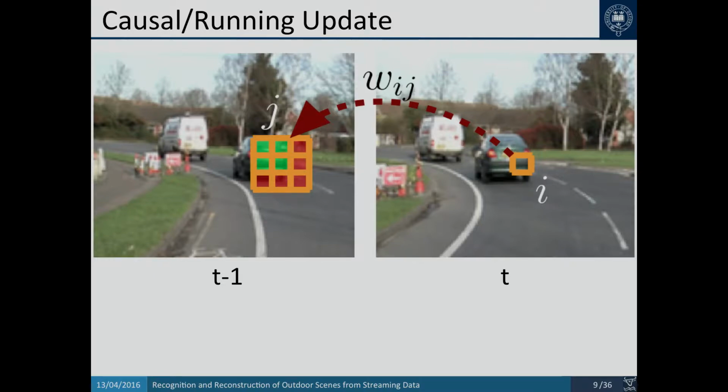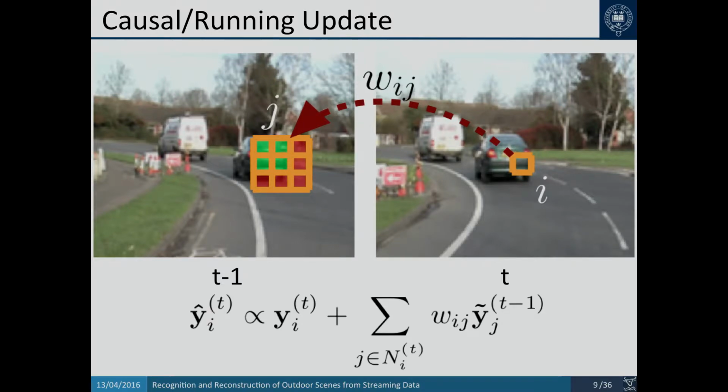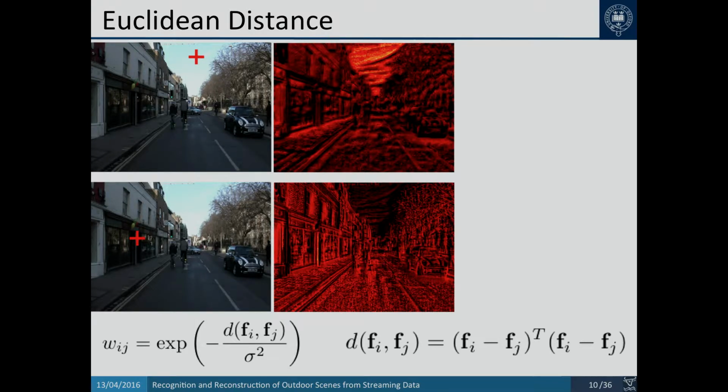So we need to somehow weight them, otherwise we would oversmooth. The most natural thing might be to take simple pixel similarity, but if you use Euclidean distance, you quickly find out that it doesn't discriminate enough. So we took these reference points, and this visualizes the difference in the feature space. As you can see, it's so similar everywhere, so it won't help us much.